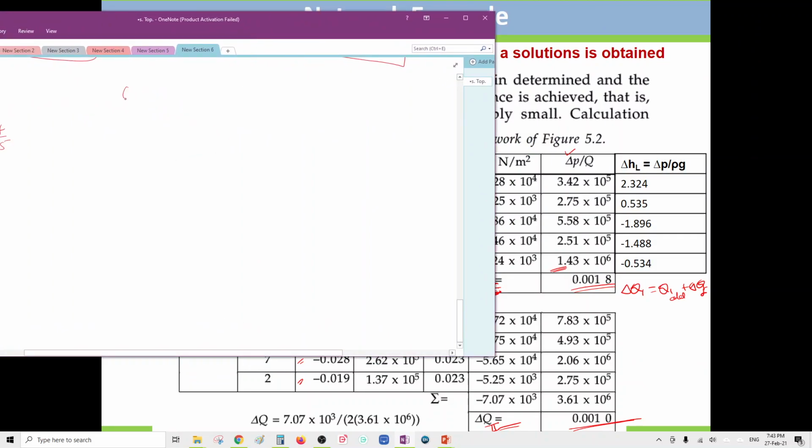So you will basically be calculating this. You can call it Q1 new, which is Q1 plus delta Q from loop 1, and then Q2 new, which is Q2 plus delta Q1 minus delta Q2, and then you will revise all the discharges.